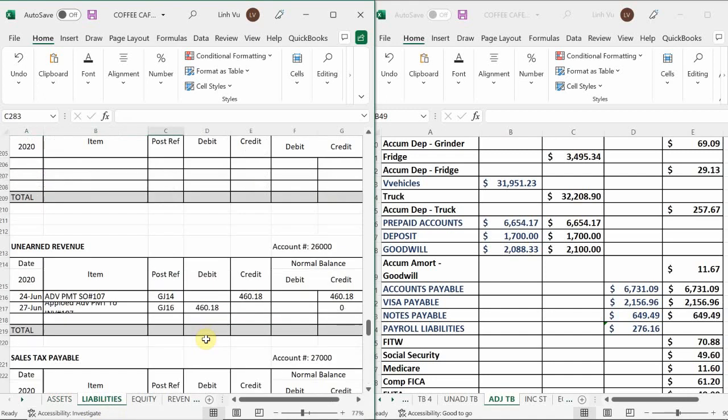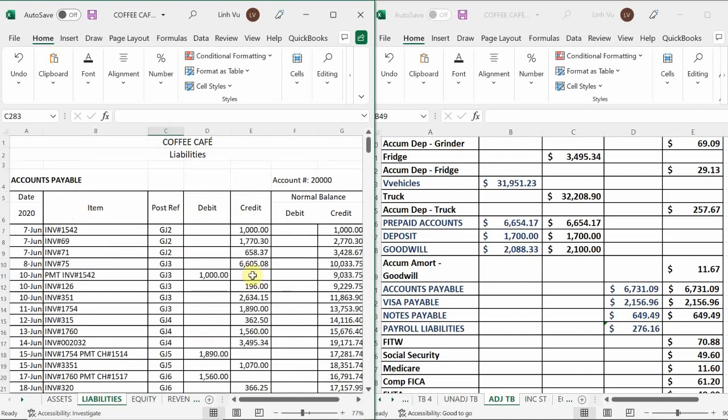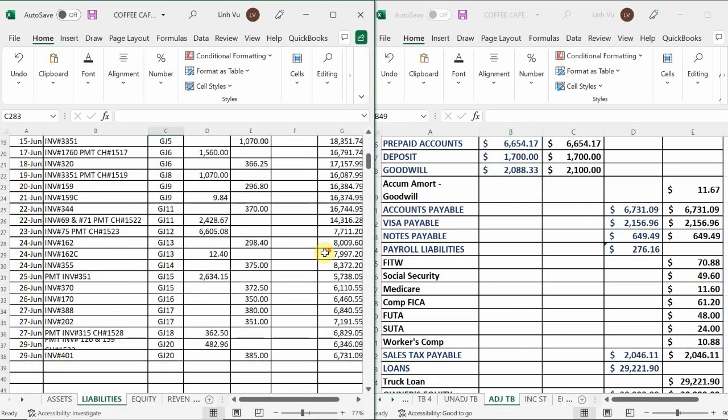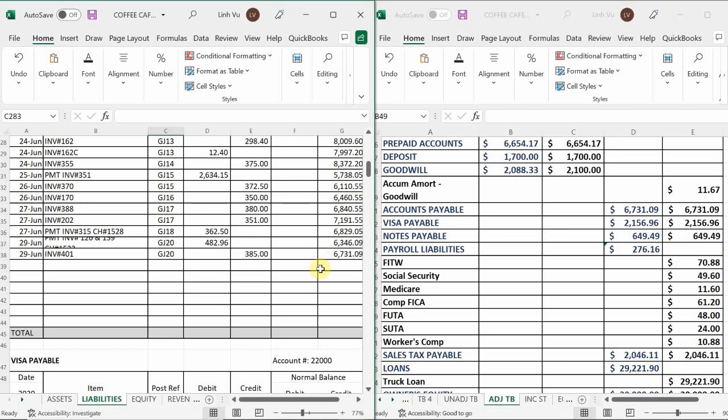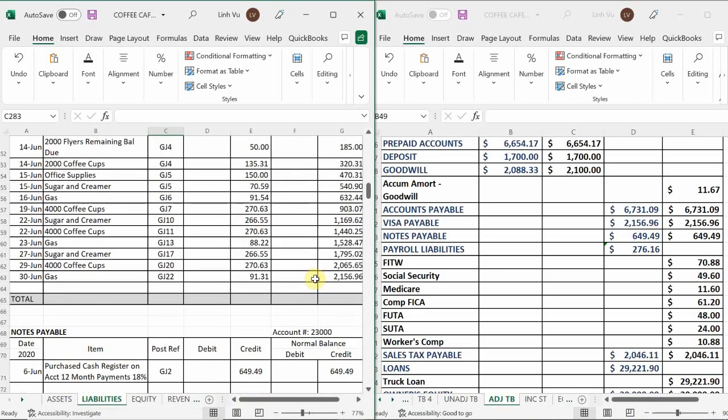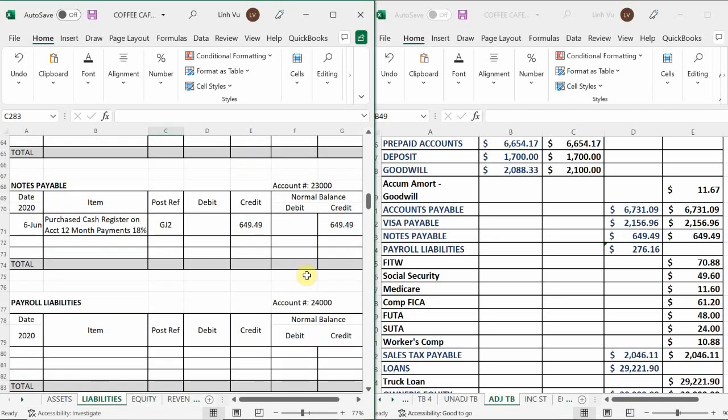Liabilities, I don't believe we made any adjustments here, but let's just go ahead and scan through just in case. Accounts payable is at $6,700 and 31. My Visa payable is still at $2,150. My notes payable is at $649.49.